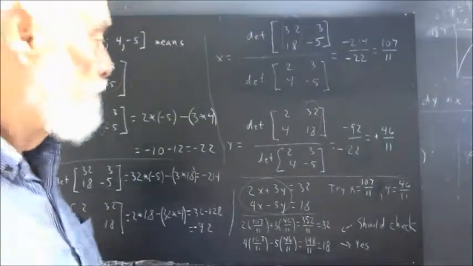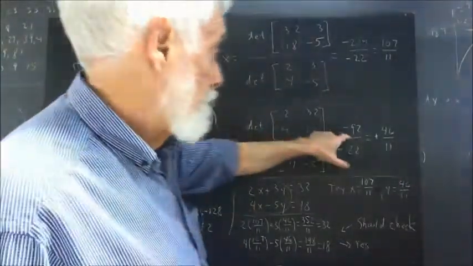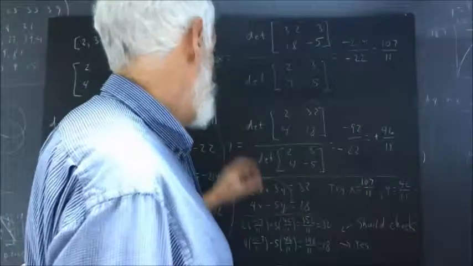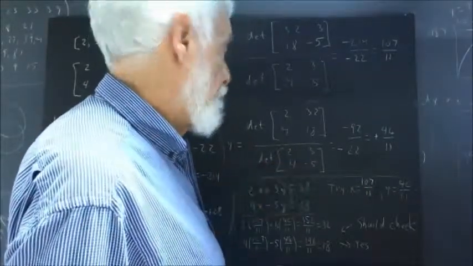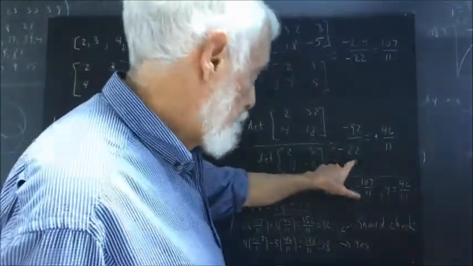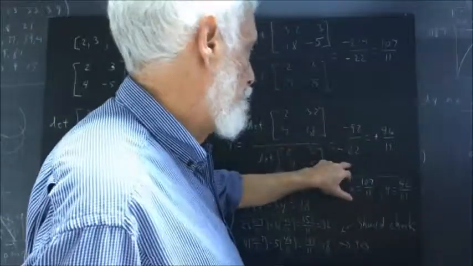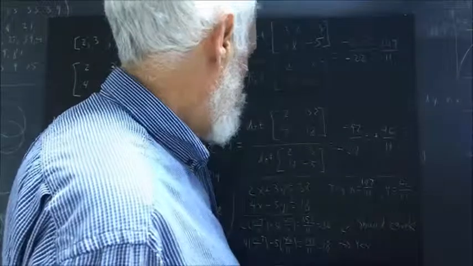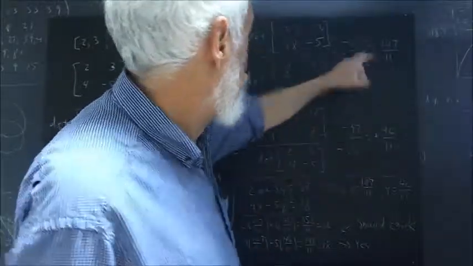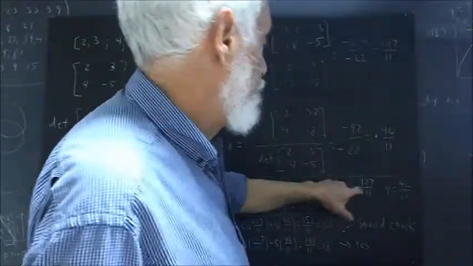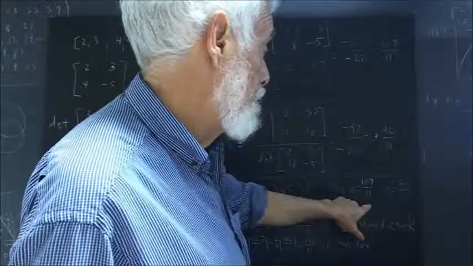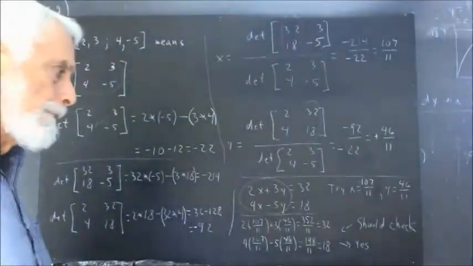Okay, the y is going to be the determinant of this matrix, which we've seen to be negative 92, divided by the determinant of the coefficient matrix, which is negative 22, and negative 92 over negative 22 reduces to 46 over 11. So this tells us that our solution should be x equals 107 over 11 and y equals 46 over 11. Let's check that out and see if it actually works.